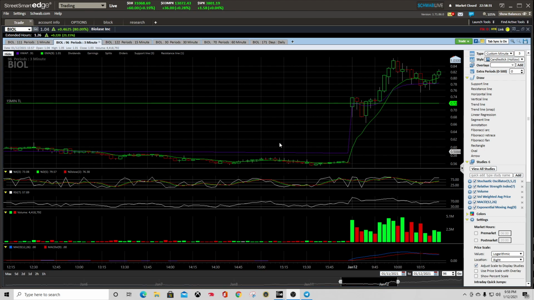When the stock opened, it gapped up, of course. This is where it opened right here. I very seldom trade right at the open. Sometimes I do, but you have to take this into consideration: in the first 15 minutes, there's not much data there.